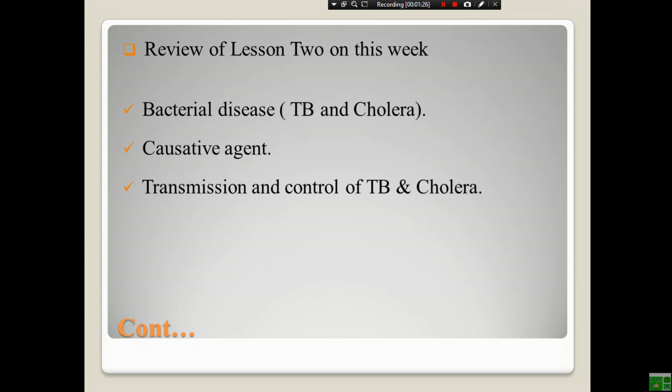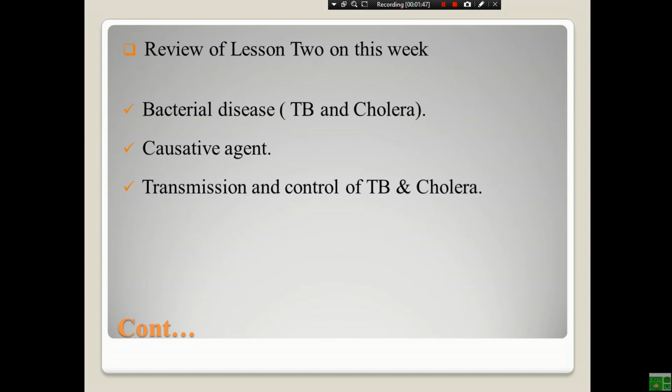tuberculosis by pasteurizing milk, by avoiding droplet infection, by covering the mouth or nose when we are coughing, and also by migration of people from overcrowded to less crowded living.